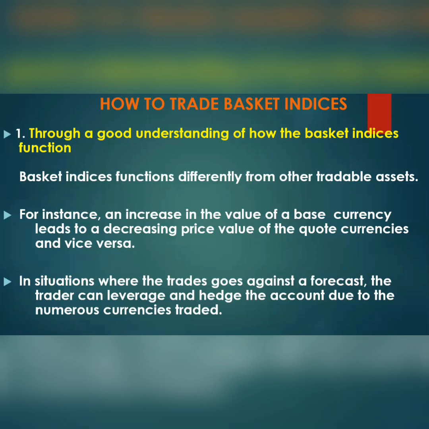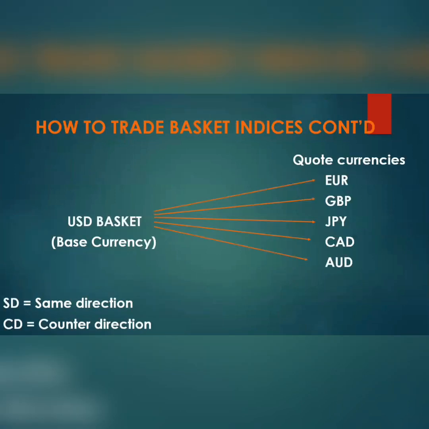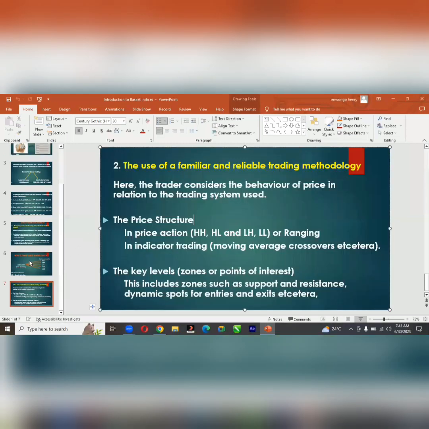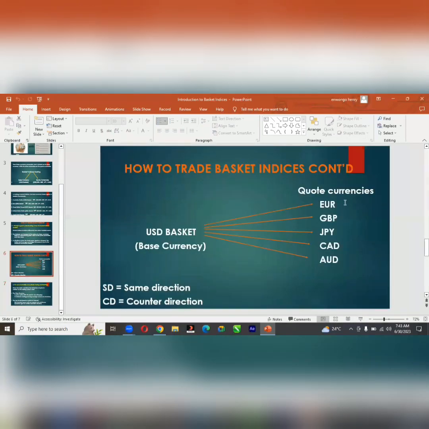So in such a case, you're going to do what? Sell. So when you sell, for example, pound dollar, of course, pound dollar and euro dollar almost move in the same direction. What's going to happen is that we are going to have something like this, where we sell in the same direction. So of course, pound dollar will also be in the same direction.